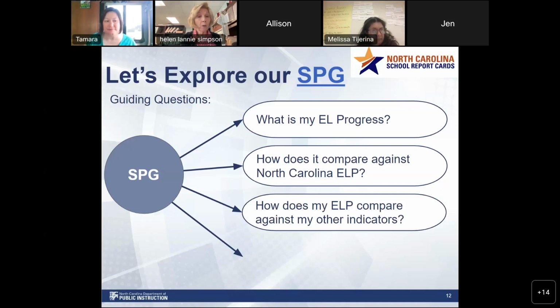Another really important question I want you to consider is, how does my L progress compare against my other indicators? So if you recall, if you're a K-8 school, you have three indicators, which would be the reading and math combined, the science EOG, and then L progress.